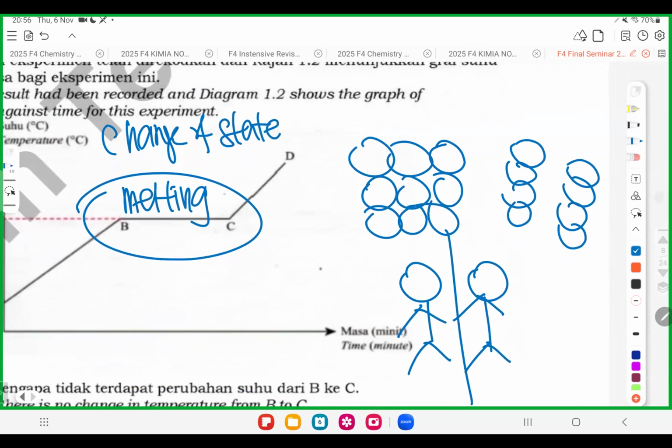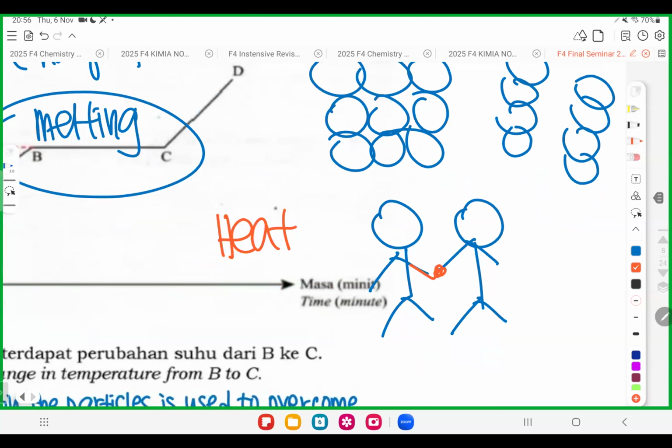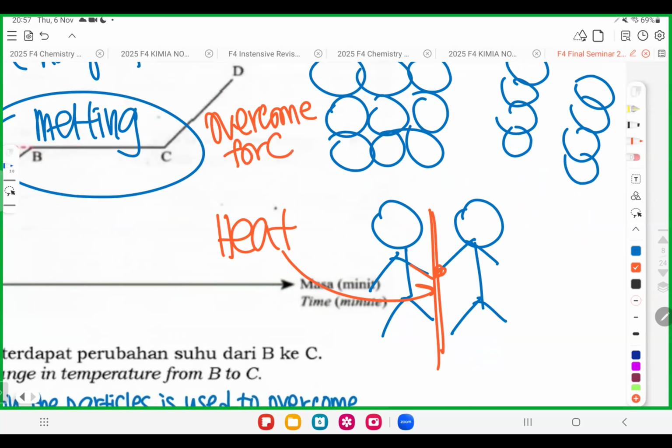So when you do melting, all the heat you absorb, does it go into the particle? No. When you do melting, all the heat is used to overcome their force. All the heat is used to overcome the force of attraction. Learn the words: overcome force of attraction.